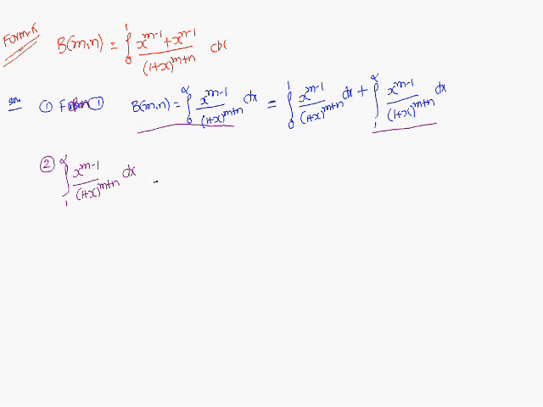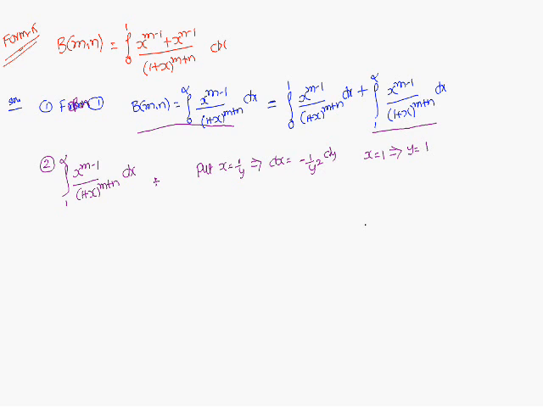Okay, you consider this one. So for this one, put x is equal to 1 by y. So that implies dx is equal to minus 1 by y square dy. So next, similarly limits. If x is equal to 1, then y should be 1.